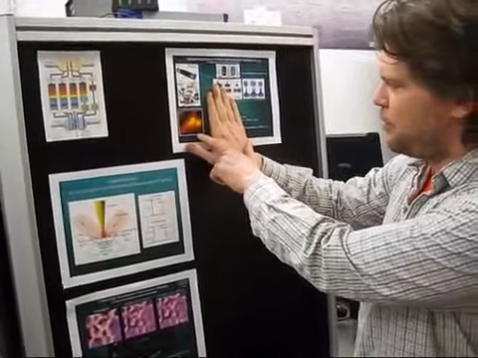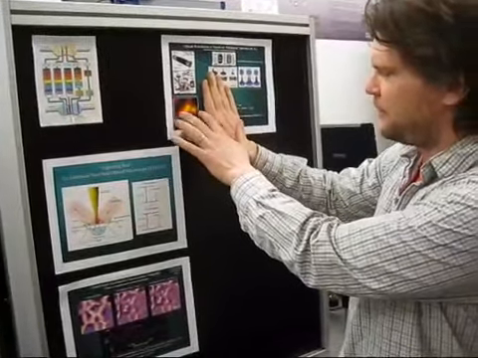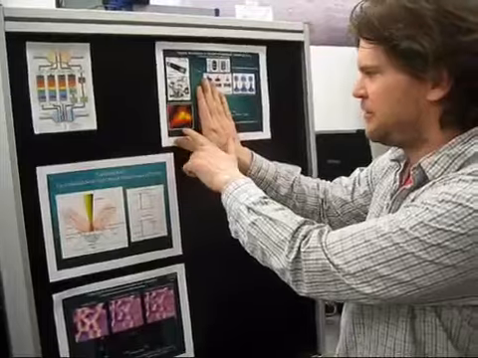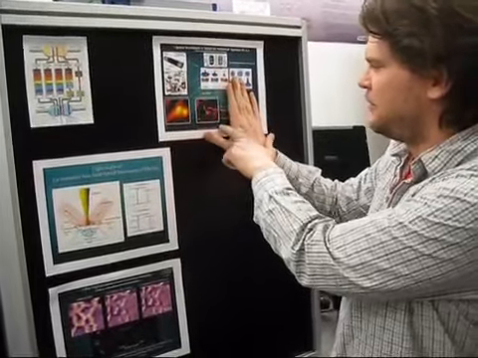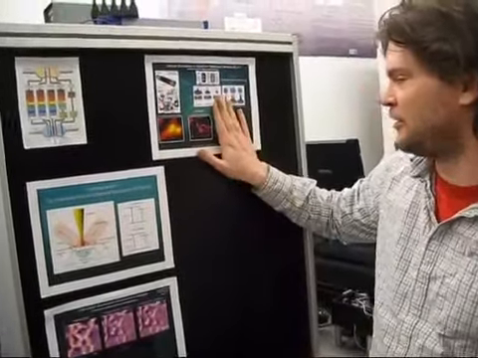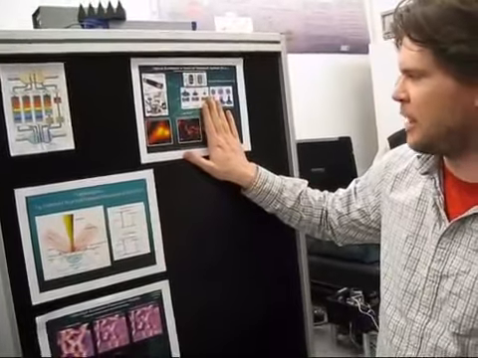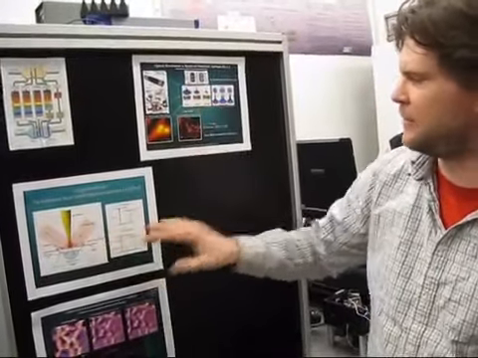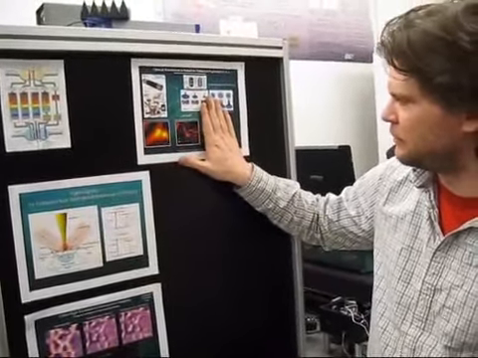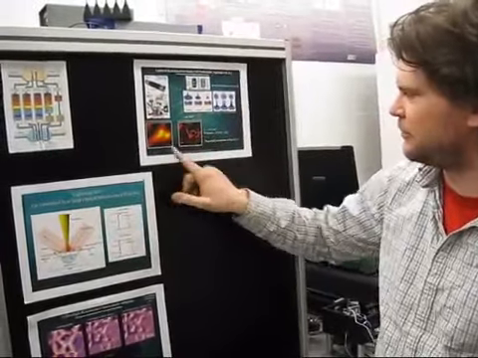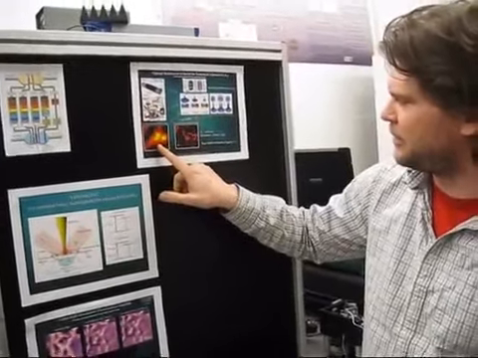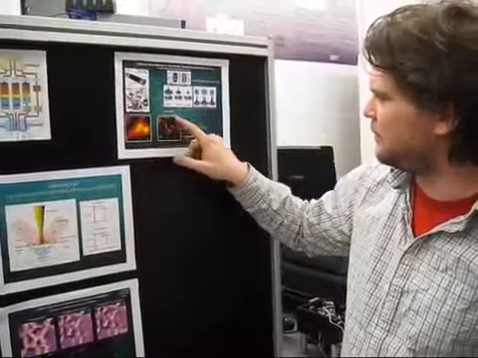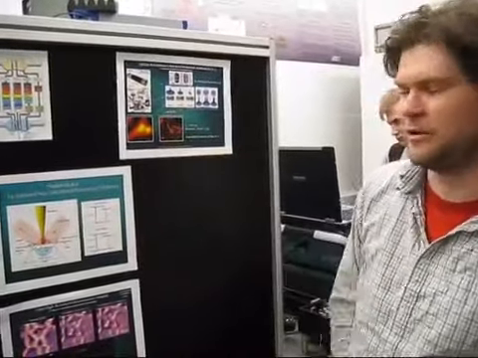This is no near field, this is purely far field, the best commercial money can buy right now. And then this is with our near field system added on top of that. Basically, adding an AFM on top gives you this higher resolution. This is optically about 300 nanometer resolution. This here is roughly 20 nanometer resolution.